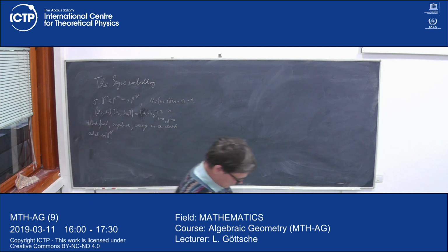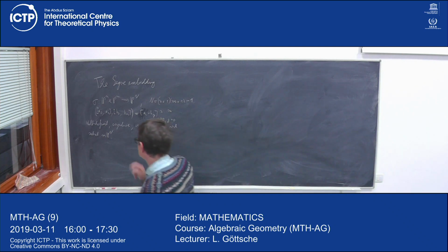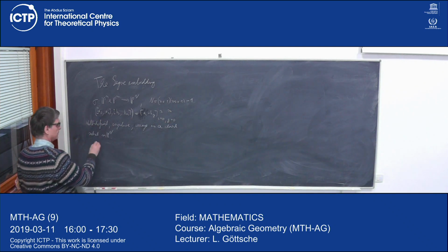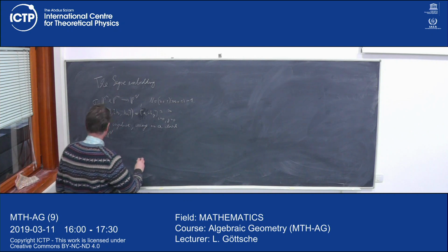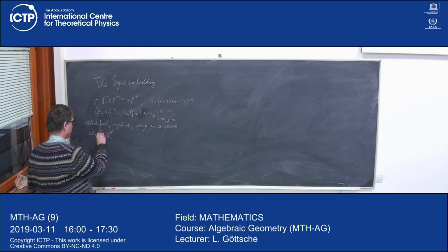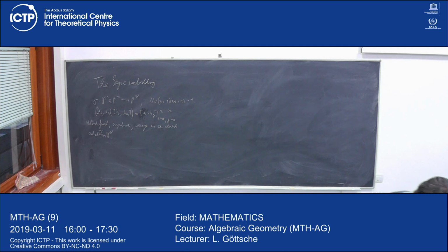And as I said, we will often want to identify sigma, the Segre embedding, with its image, so that this closed subset we denoted by Z. Okay, so this is more or less where we work.